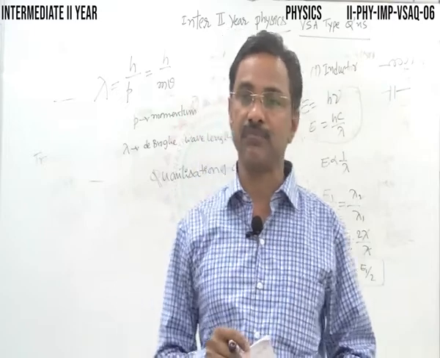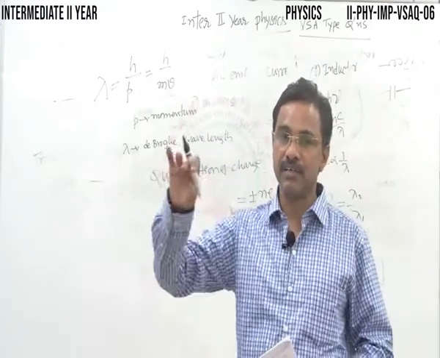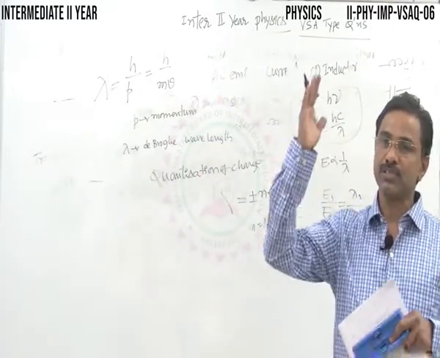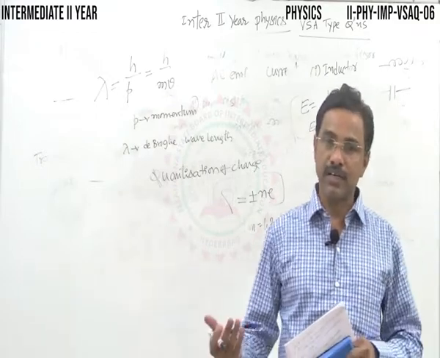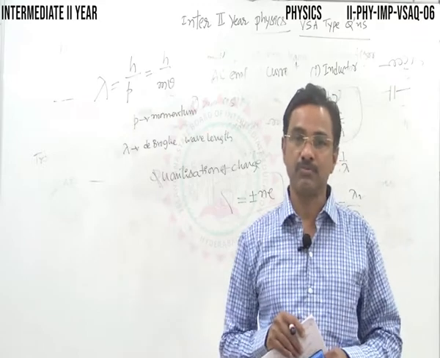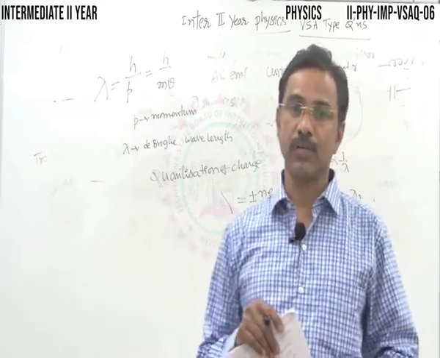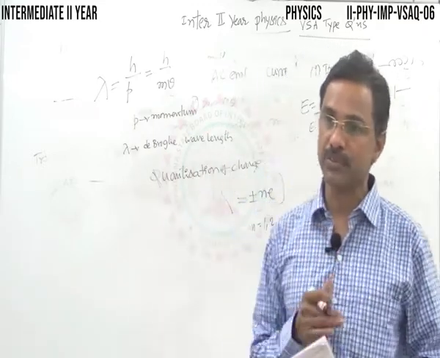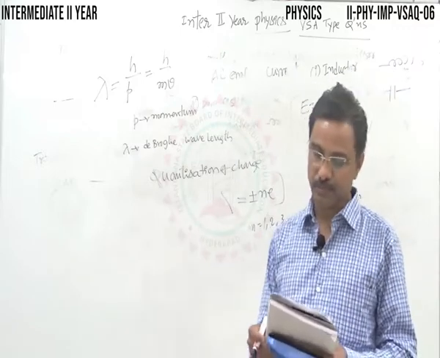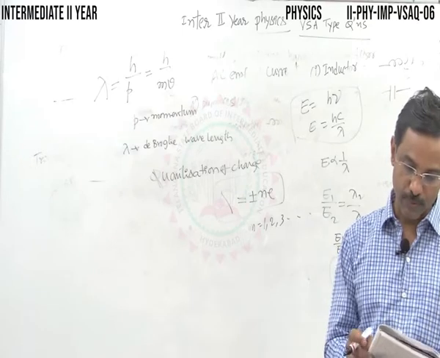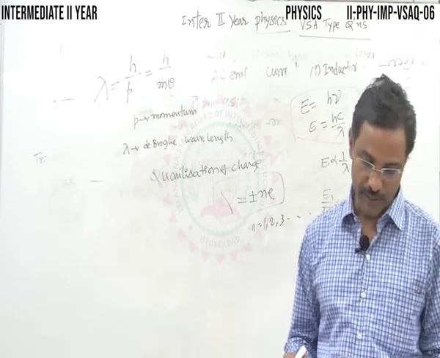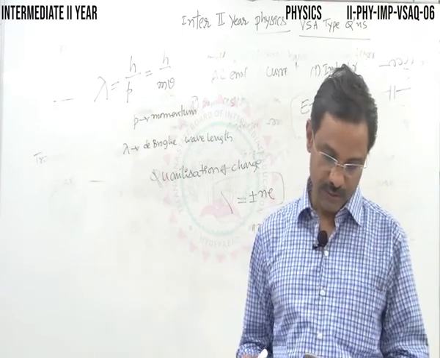This is the principle of X-rays. A highly accelerated charged particle stopped by a heavy metal, the energy lost by this fast moving charged particle is converted into electromagnetic waves, X-rays in fact. So accelerated charged particles will emit electromagnetic radiation. That is the principle.